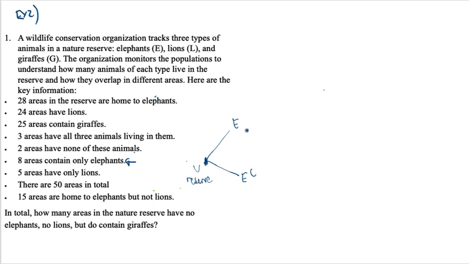Now, as we know, when we set up a tree for sets, we branch just one time for one set, and then we keep going to the second layer, branching to the other sets. So then I'm going to branch. It doesn't matter if my reserve has elephants or not. I can have now lions or not lions.